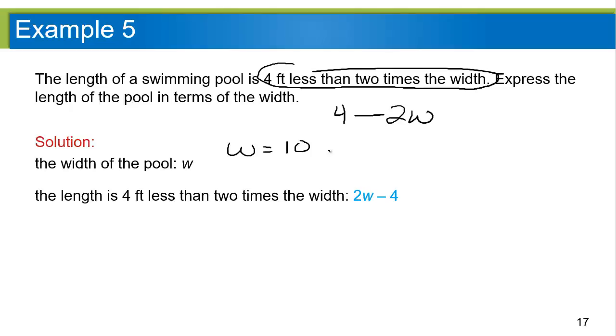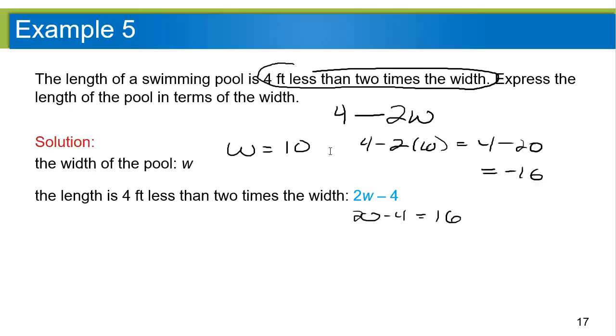Well, if I put 10 in here, I get 4 minus 2 times 10, which gives me 4 minus 20, which is negative 16, which right off the bat should tell you something's wrong because how can I have a negative length, right? So then you come down here and you go, well, this is 20 minus 4, which is 16. Is 16 4 feet less than twice the width? Yes, because twice the width would be 20. 20 minus 4, right? 4 feet less, that would be 16.